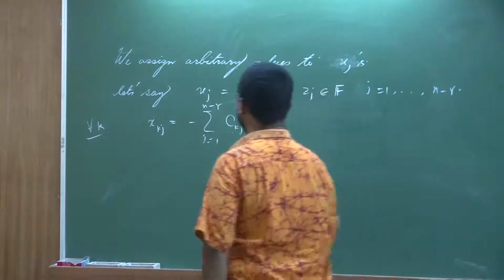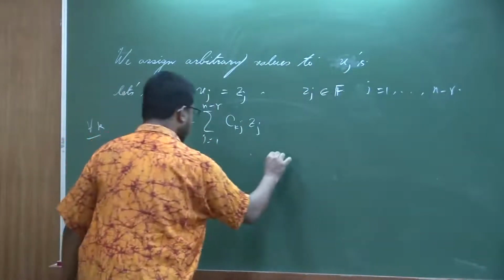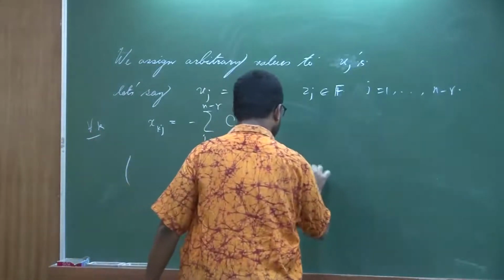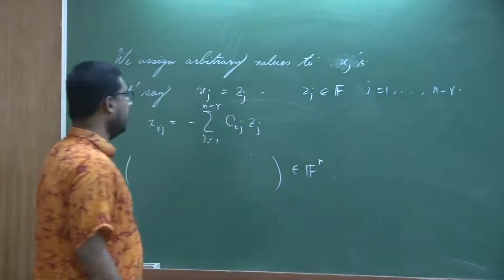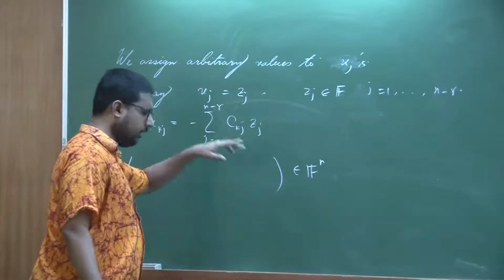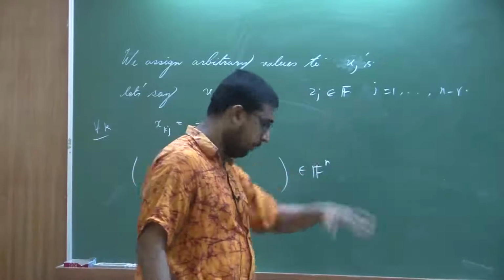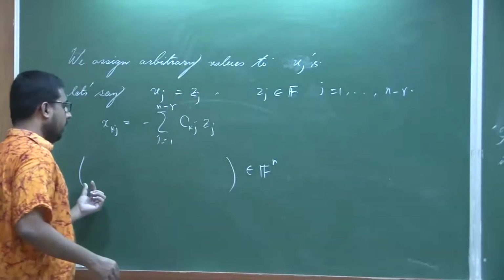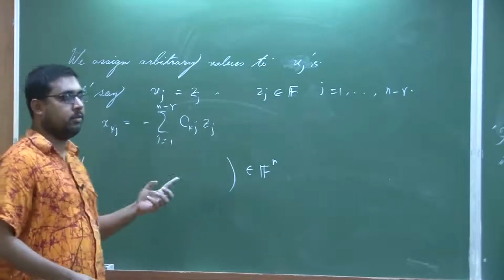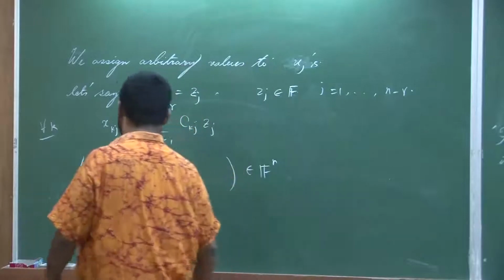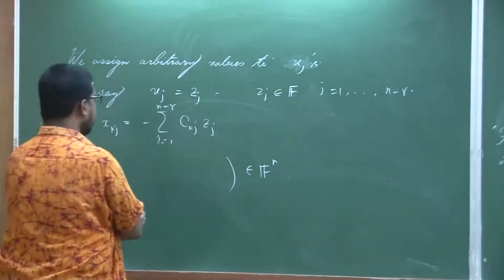So, thus what is going to be the solution? By definition a solution is an n-tuple in F^n. So, what is going to be the coordinates in this tuple? It is now easy to see from here.